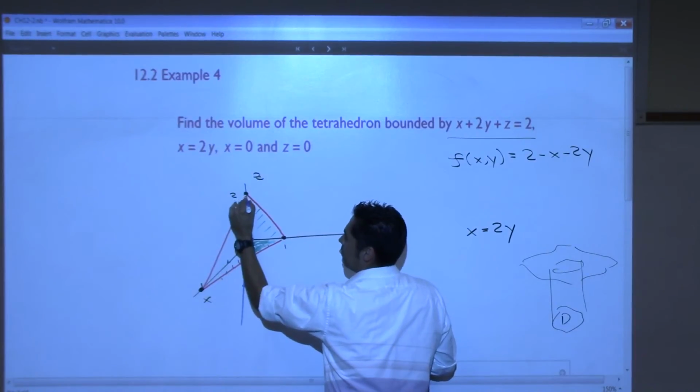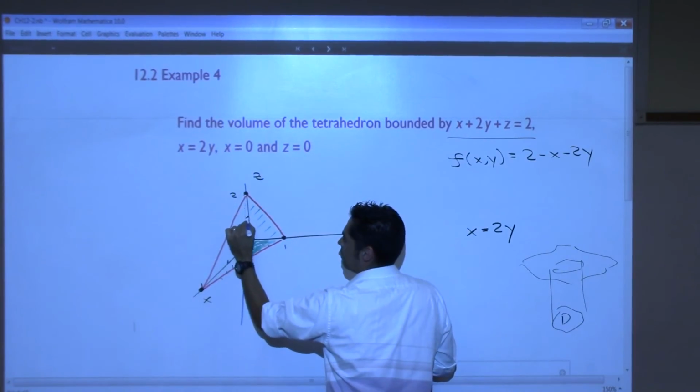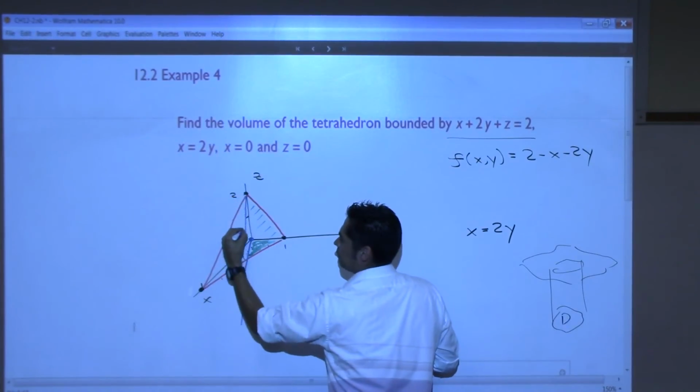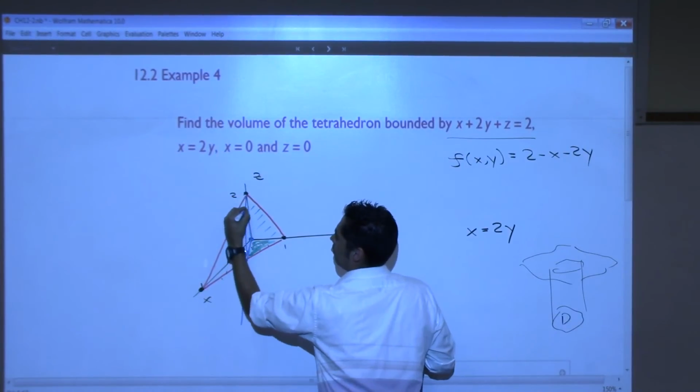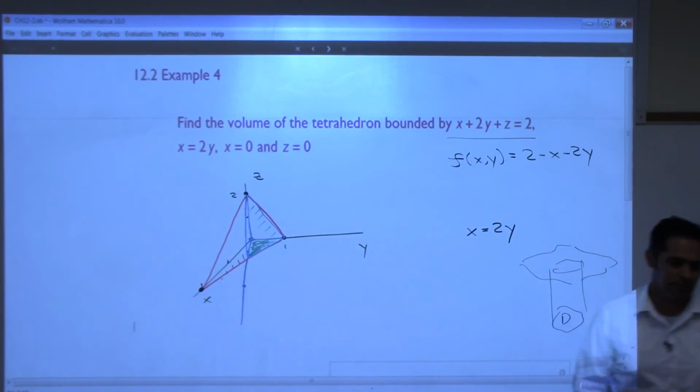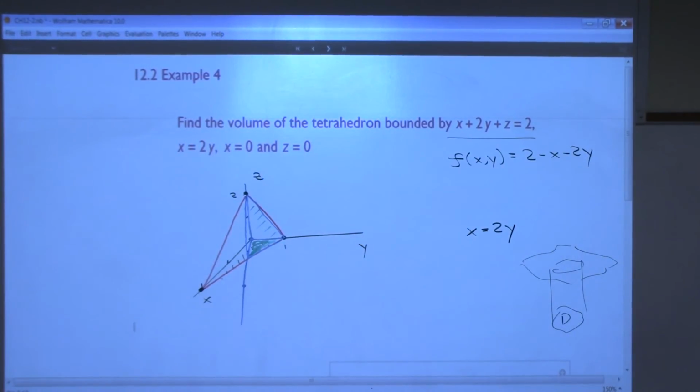It's impossible for me to really show you where it cuts through, but it does cut through, and it creates that tetrahedron. I don't know if that helped. Okay?